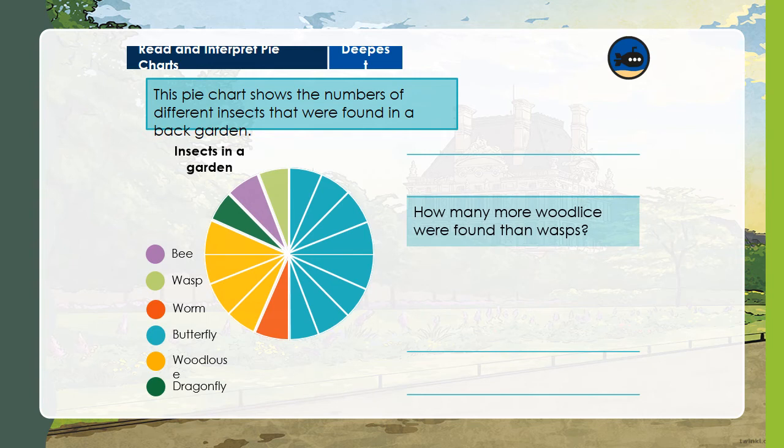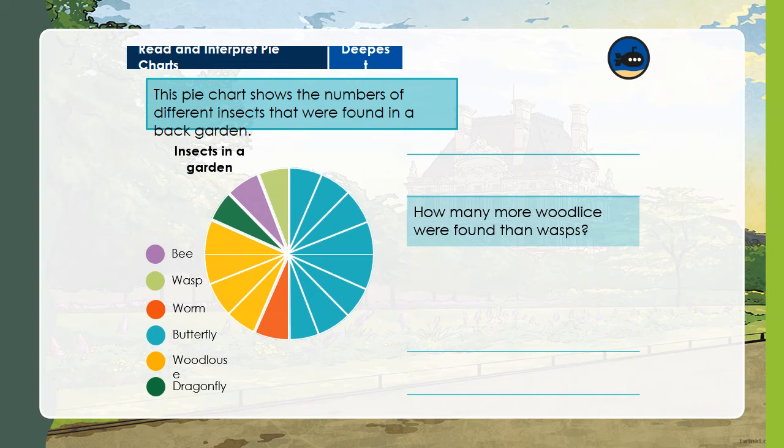How many more woodlice were found than wasps? So if we look at the section which represents the woodlouse, which is represented in yellow, we can see that that's 4 of our 16, so 4/16. 4/16 can be simplified to a quarter. So a quarter of our total was woodlouse.